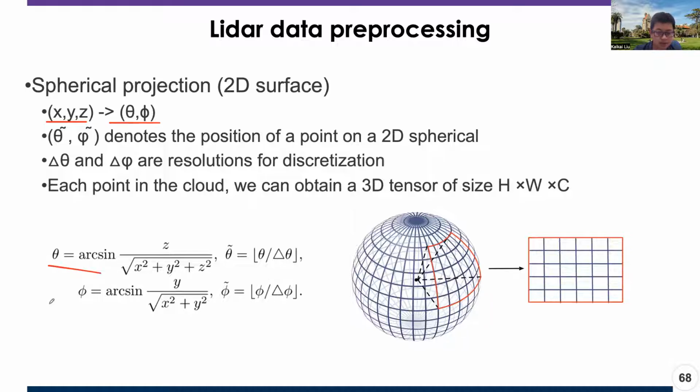So this is the projection process. In this 2D projection result, you can flatten it. It's like a 2D matrix. This can be height times width times 3, where 3 is the channel. So this is the basic spherical projection process for LiDAR, so that you can get range images in 2D.